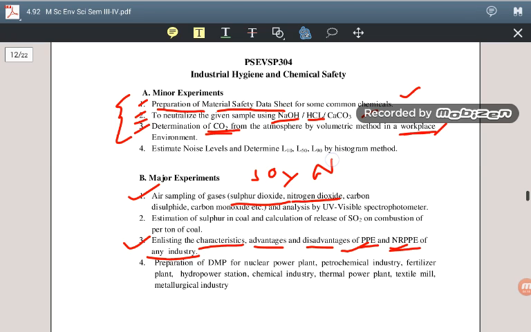This experiment is already done in the first year, so we are not going to repeat it. For air sampling and its calculation, just go through the permissible limits of SOx and NOx. So today we are going to perform these two experiments, that is preparation of the material data sheet and the neutralization of the given sample.